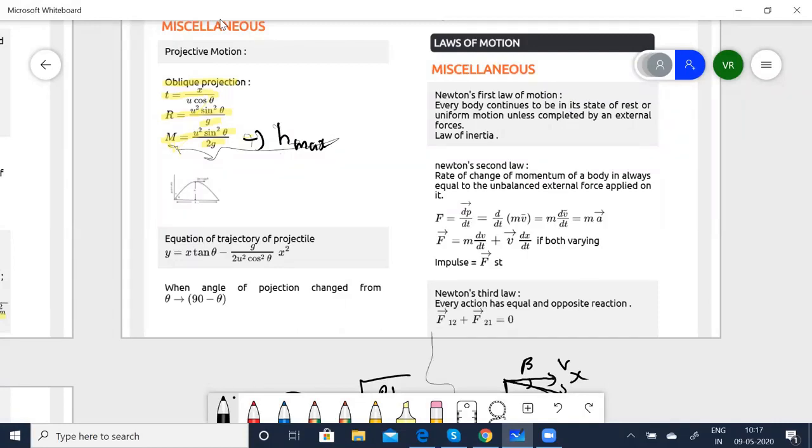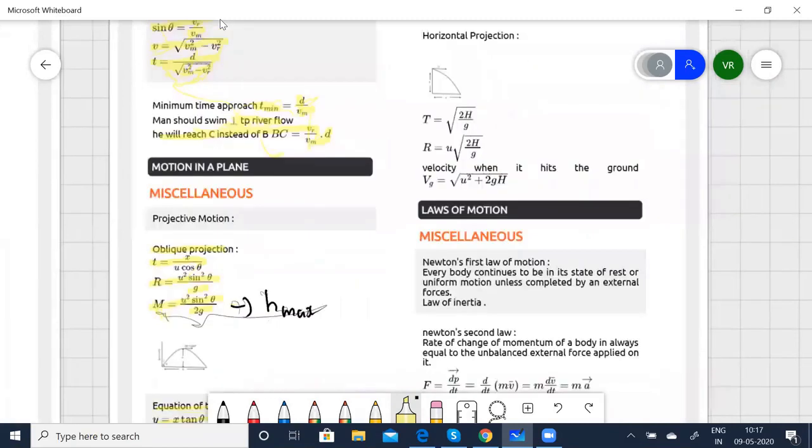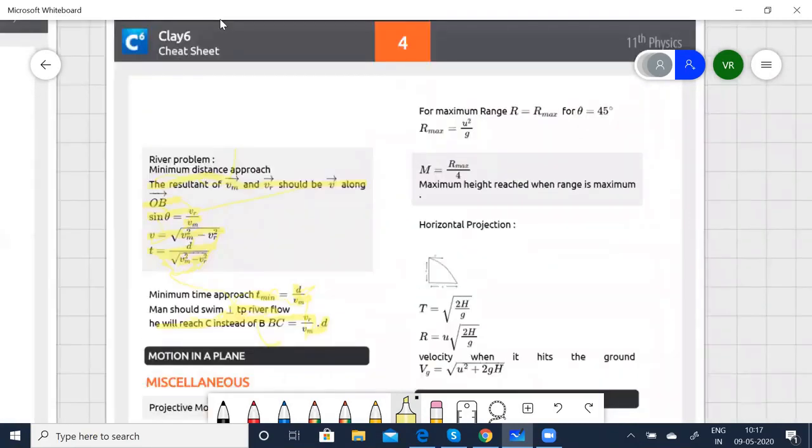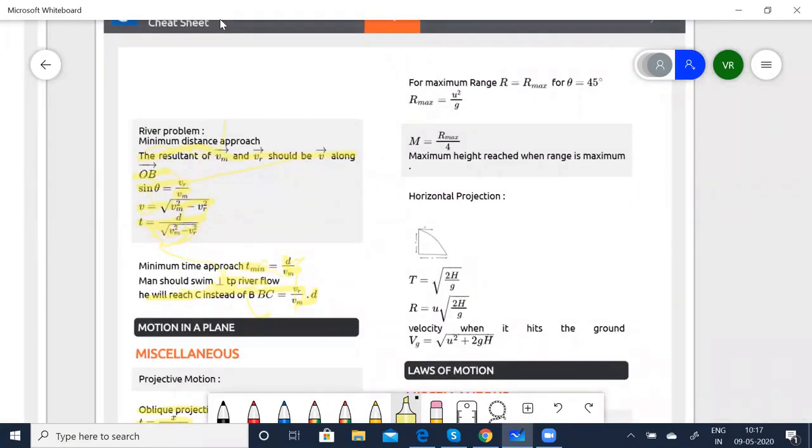Next, coming to the equation of the trajectory of the projectile, it is given by y is equal to x tan theta minus g by 2u squared cos squared theta times x squared. When the angle of projection changes from theta to 90 minus theta, cos of 90 minus theta becomes sin theta.